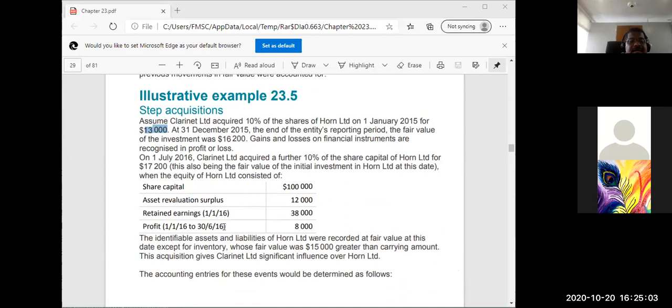I'm sorry, you acquire this 10% in July, which means 1.5 years later, not 1 year later. So at the acquisition date, the equity is given plus 8,000 for the next 6 months, after 6 months.